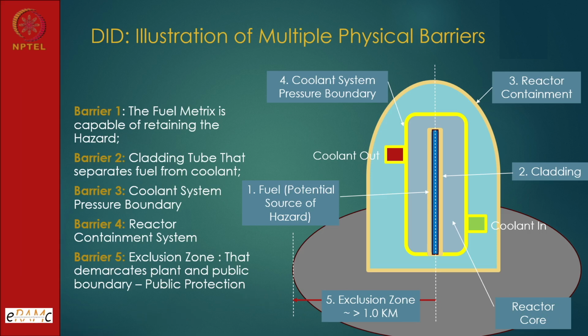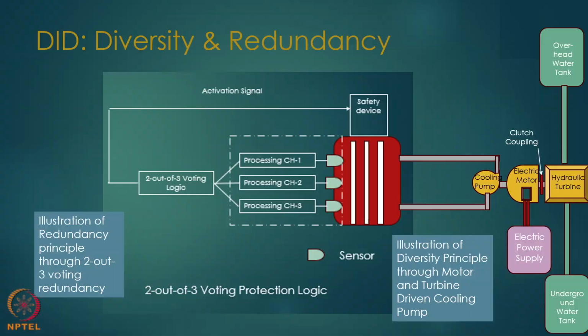Now let us see how we implement the protection level. Or before that, we will discuss redundancy, because this will come again and again. Let us say this is symbolic of a reactor, and we are monitoring a certain parameter. Normally systems have only one sensor, but in safety critical or complex engineering systems like nuclear plants, there is a provision of redundancy.